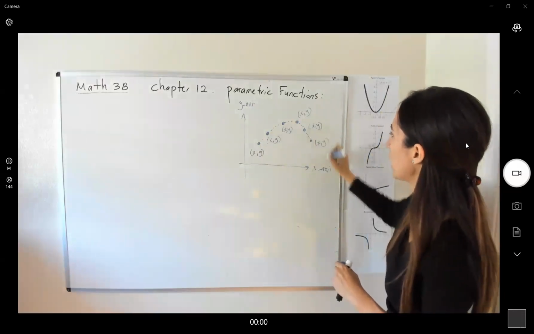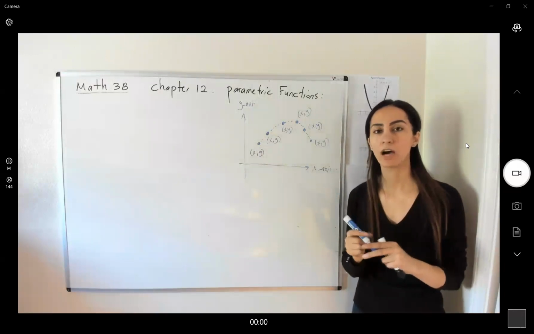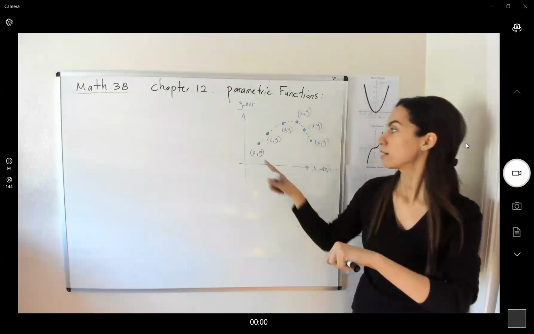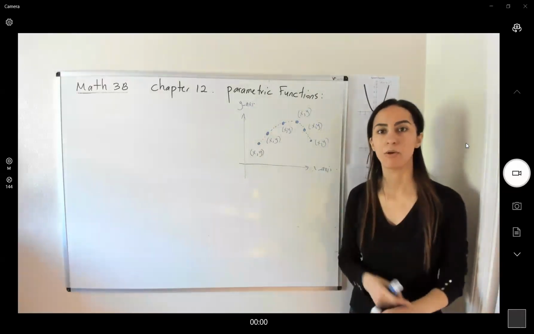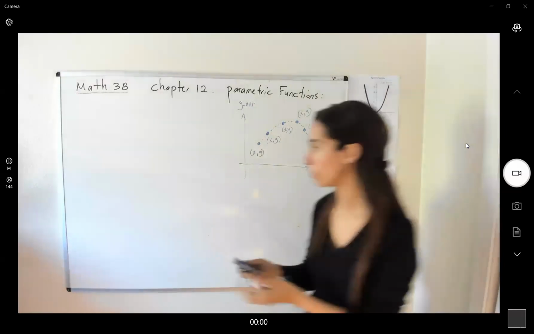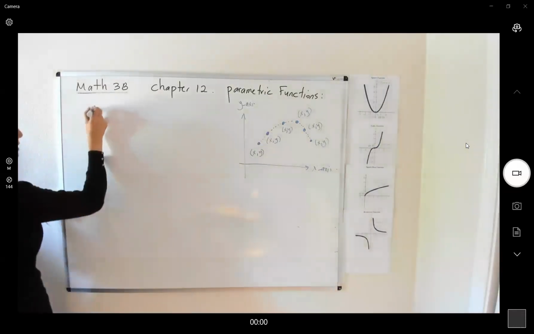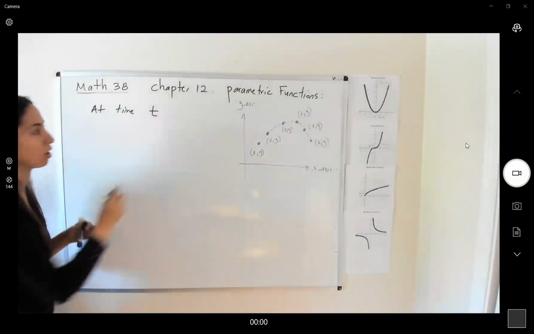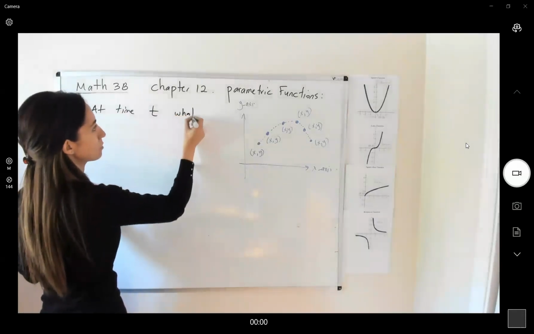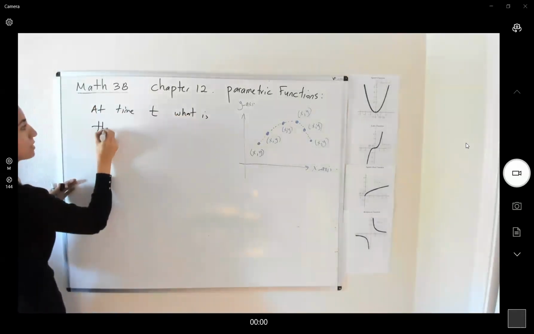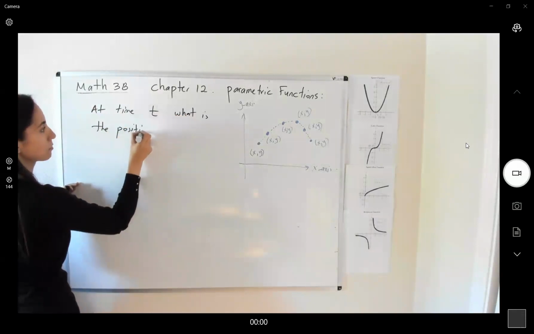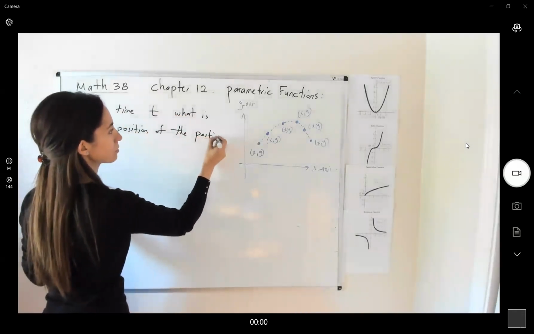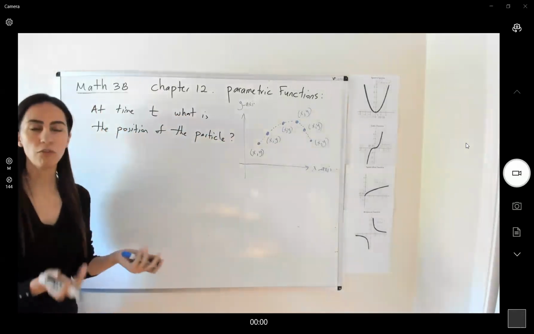So I expect you to ask, what if I want to know at time 0, where is the particle? What is the location of the particle at time t in general? What is the position of the particle? So what are we doing?